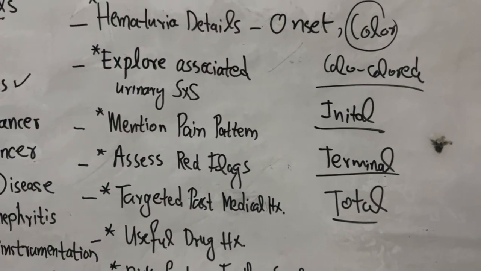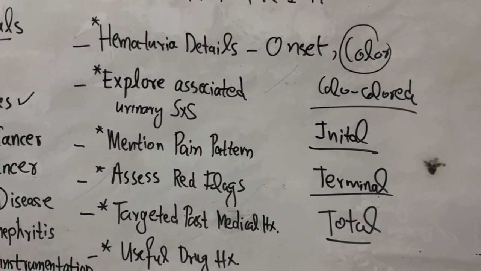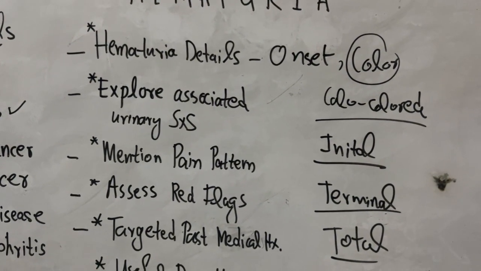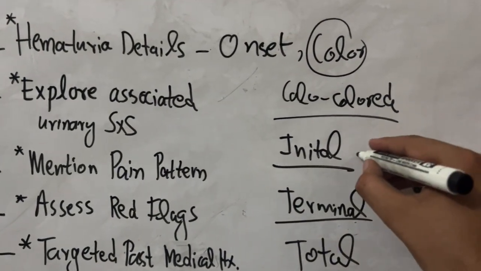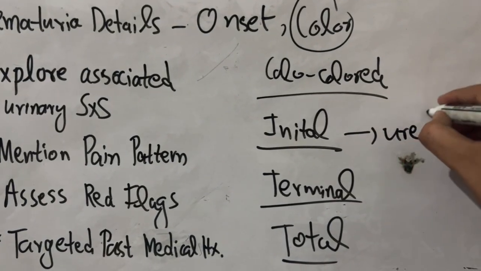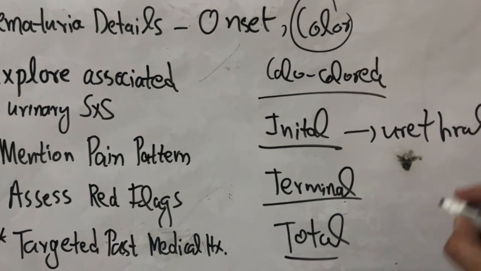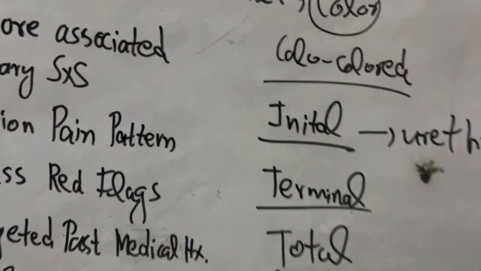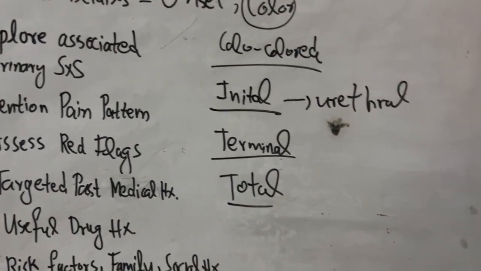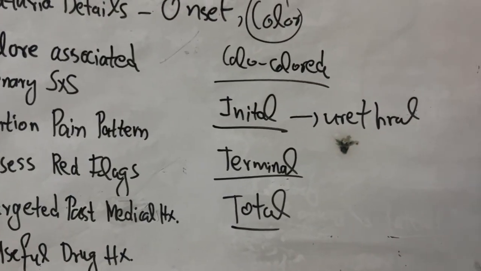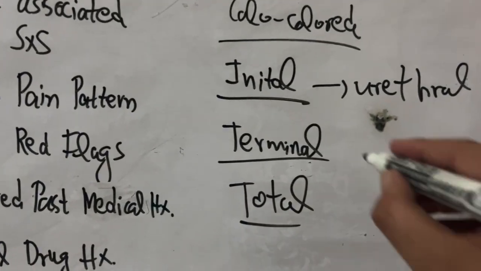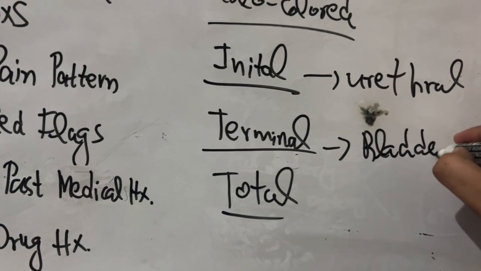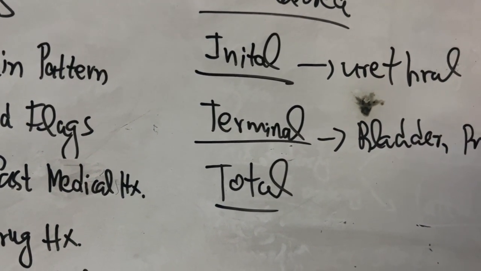If there is a history of initial hematuria, then it shows a urethral source. If it is terminal hematuria, then it shows a bladder source or prostate.